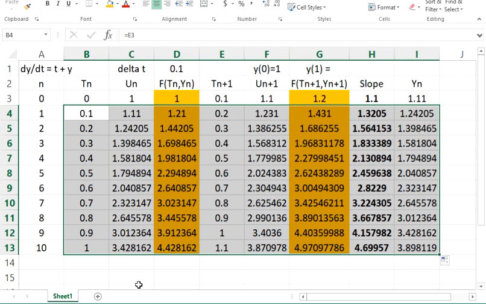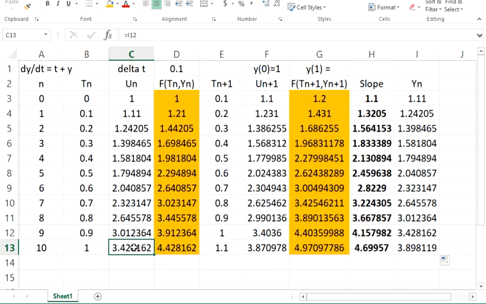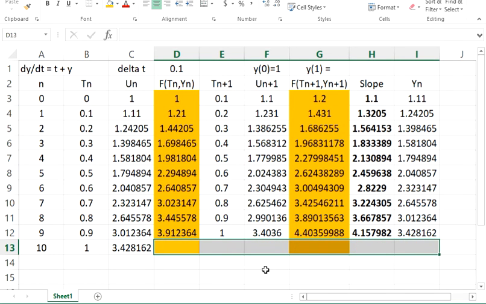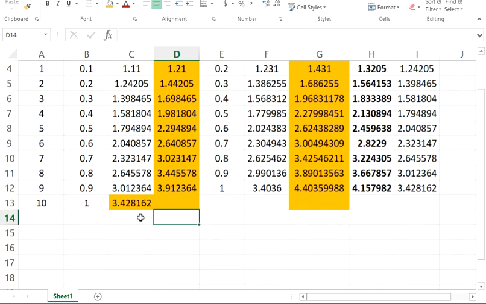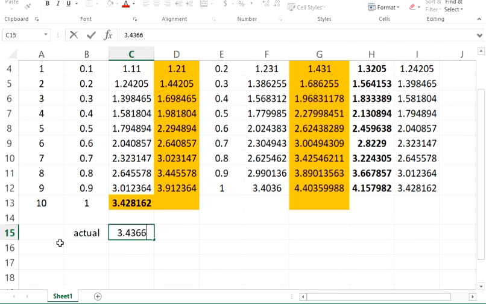We needed 10 steps to get to y1, and we're looking for this number, so I'm going to delete all of this here. And so we see our prediction now is quite different. Our prediction is 3.428162, and remember the actual was 3.4366.